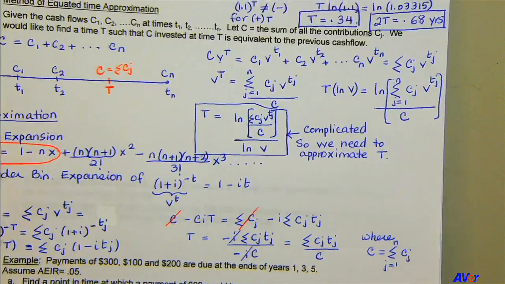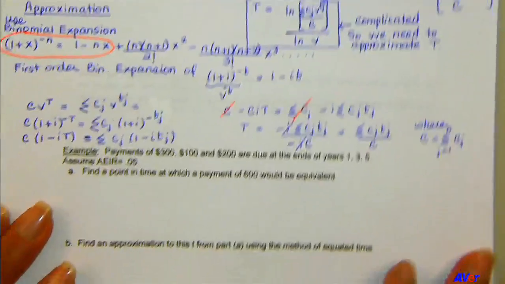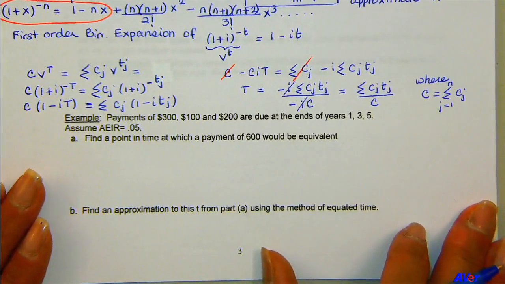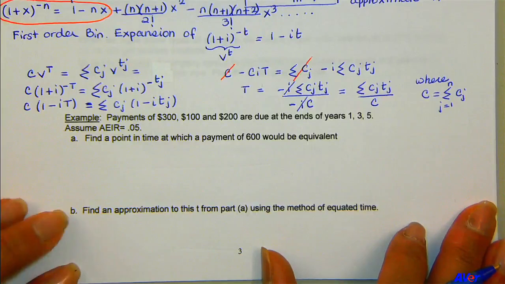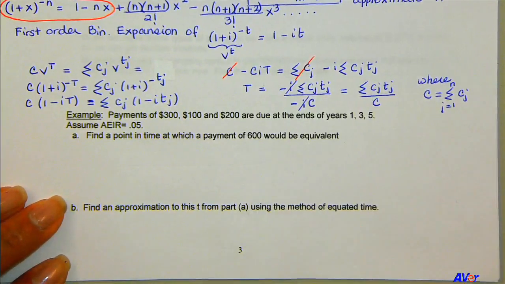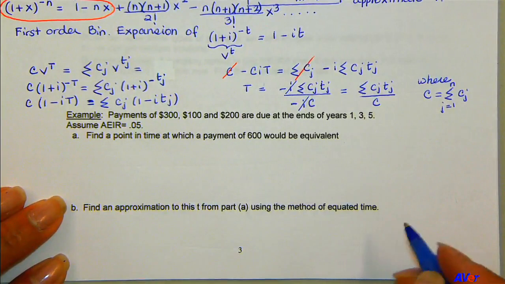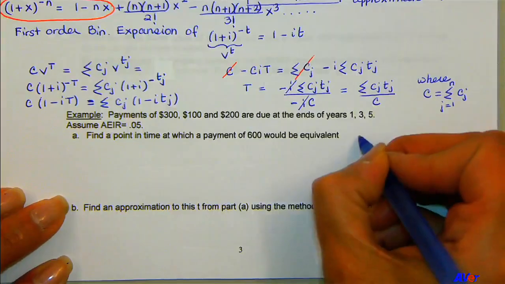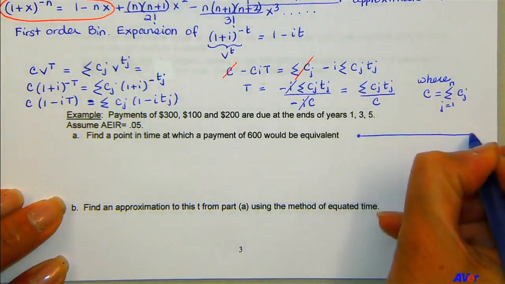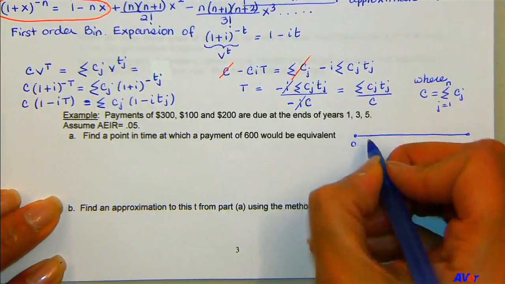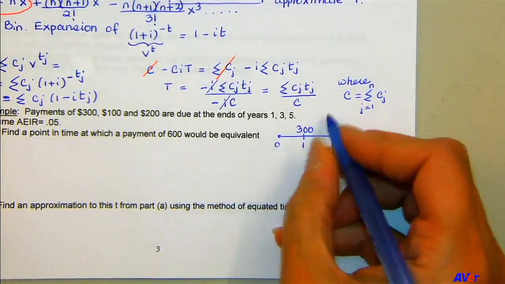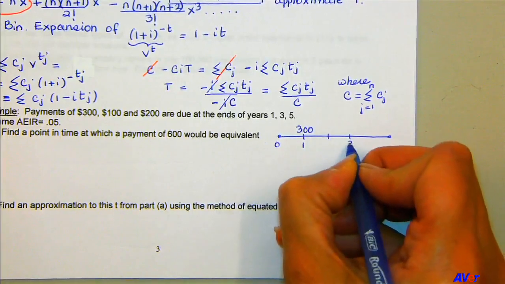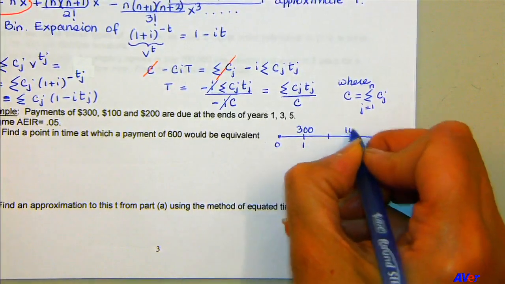So I want to do the following example both ways so that we can see how far we are from the approximation. It says payments of 300, 100, and 200 are due at the ends of years 1, 3, and 5. Let's do it. Timeline. At the end of year 1, I have 300. At the end of time 3, I have 100.